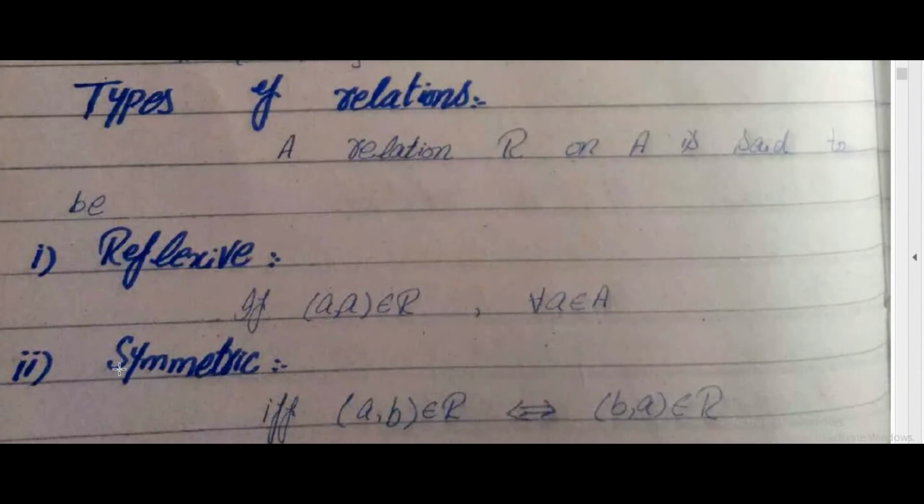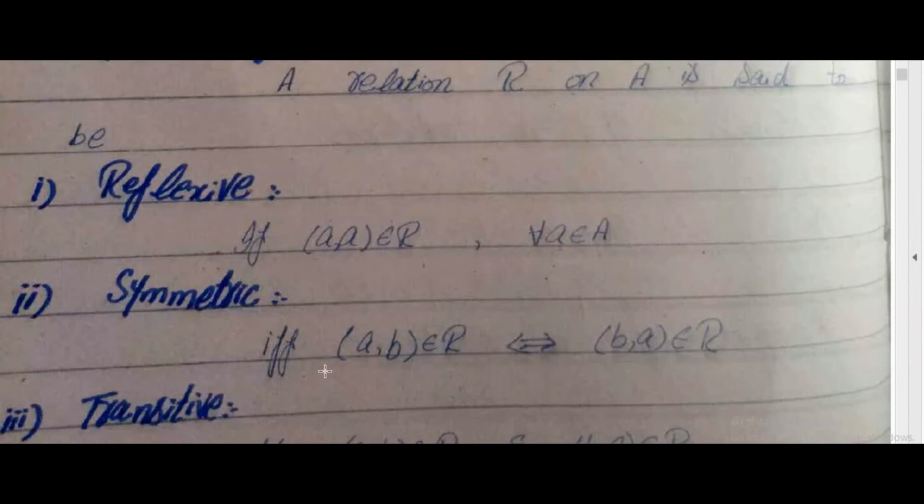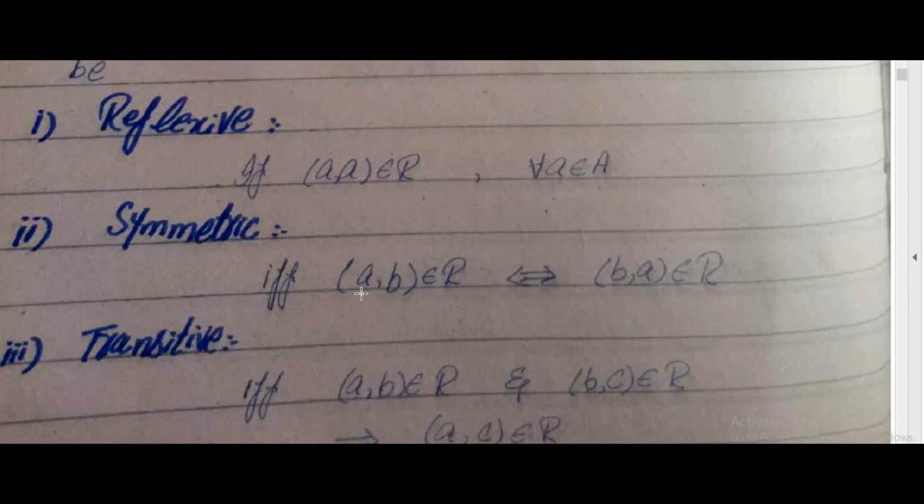And the second type is the symmetric type of relation. We define symmetric as: (a, b) belongs to R if and only if (b, a) belongs to R. If (1, 2) is in relation R, then (2, 1) should also belong to the relation R. Then we call this relation symmetric.